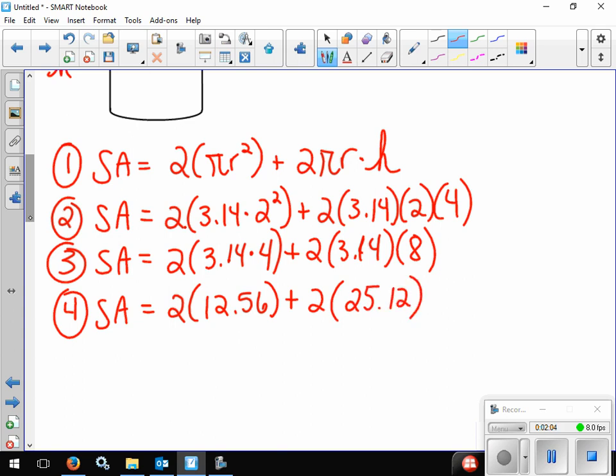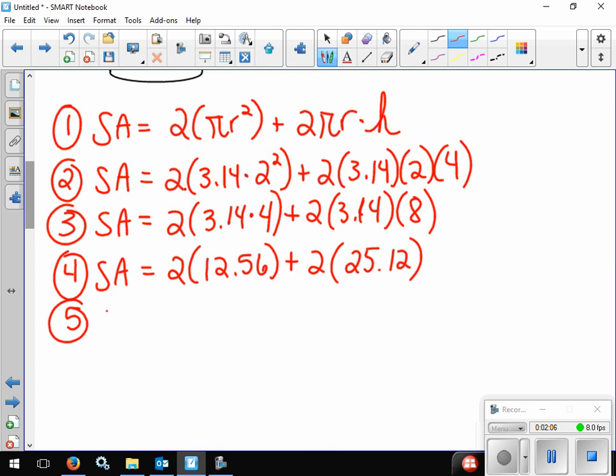That would be awesome. Okay, and step 5, the surface area is 12.56 times 2, and you get 25.12 plus, that's fine, 25.12, so you now multiply that by 2, and you get 50.24.